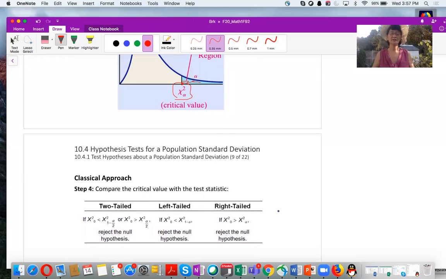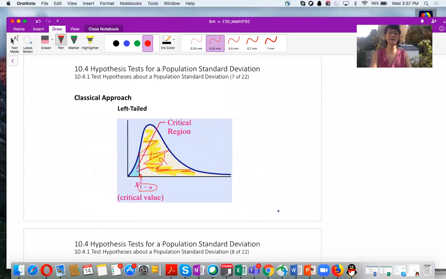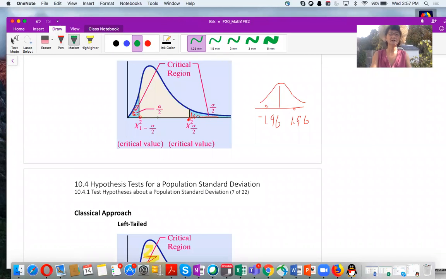And then, classical approach step 4: compare the step 3 test statistic with the critical value. On this picture here, if the test statistic is here, that means the test statistic is in the rejection region. You reject H0. If the test statistic is here, or here, it is not in the rejection region, so you do not reject H0.